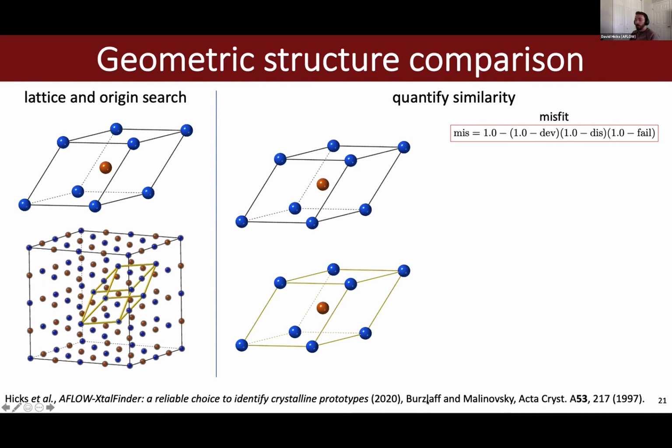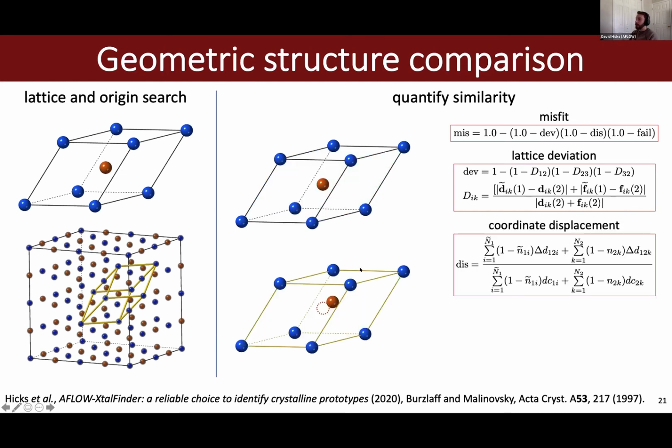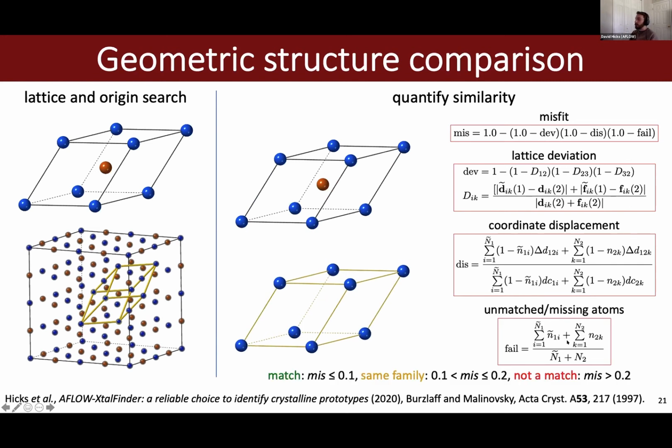We borrowed inspiration from Burzlaff and Malinovsky with this misfit quantity as a metric to quantify similarity. This is based on how the lattice phases differ, how the coordinate displacement, so the atom positions, differ, and then there's a penalty if you can't map the atoms. Maybe they're too far apart or maybe even missing.